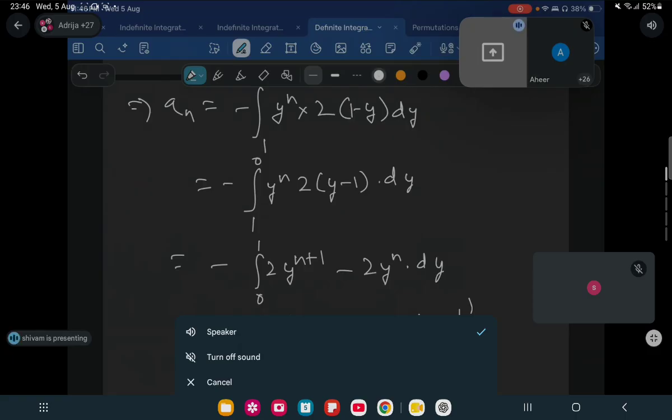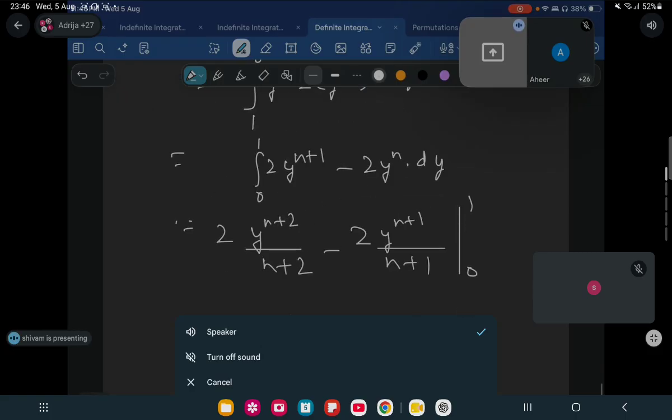Tell me, are you people getting? Yes or no? This will not be negative, negative I have already multiplied. So when you back substitute, this will become 2 by n plus 2 minus 2 by n plus 1. This is what an is.